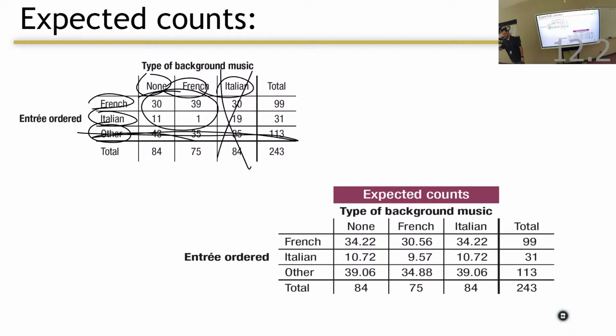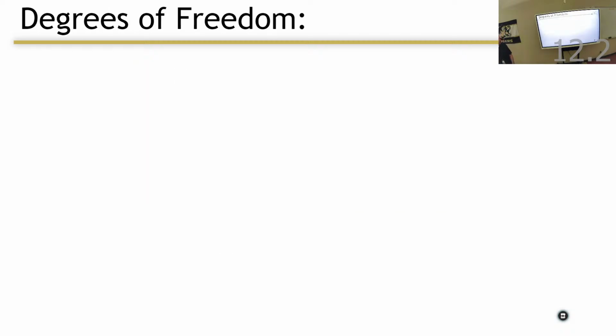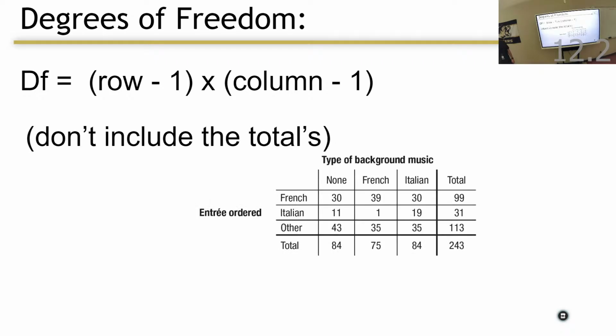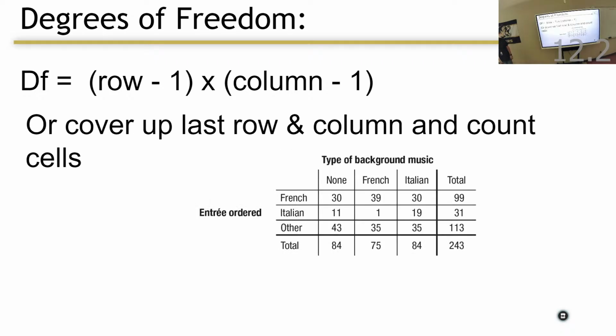Don't cover up the totals; cover up the last ones that are not totals. Quick and good. Or cover up the last row and the last column and count the cells. Sometimes that's just as easy, if not easier.